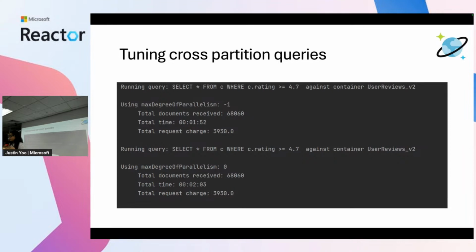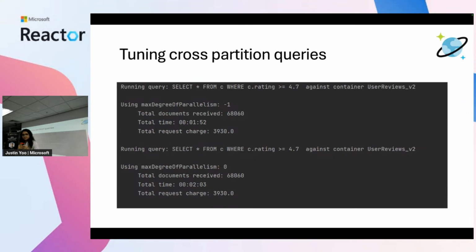When you set it to -1, the SDK will optimize the number of threads it needs to query different physical partitions in parallel, and it does it in a very optimized fashion so that your client is not burdened with resources, while taking the maximum concurrency benefit as much as possible.